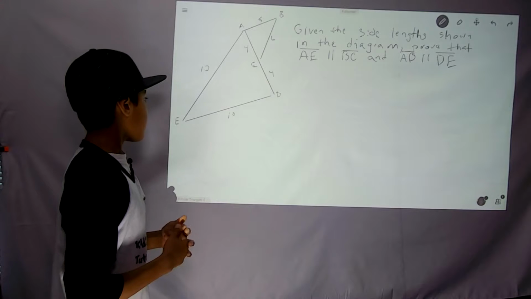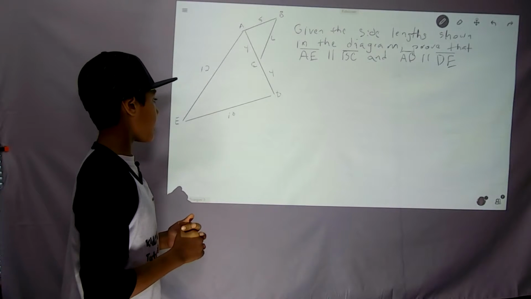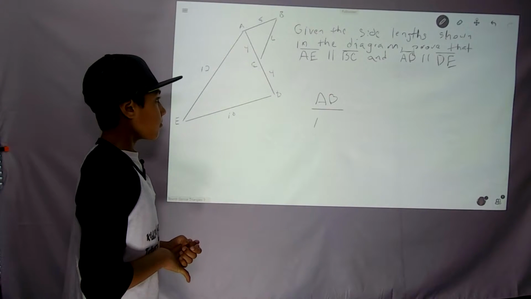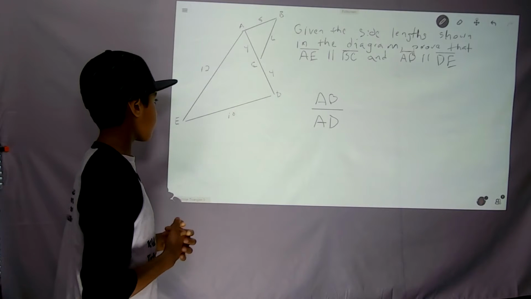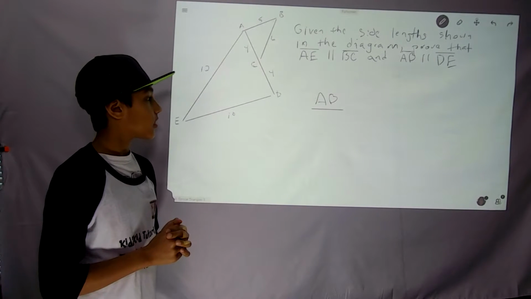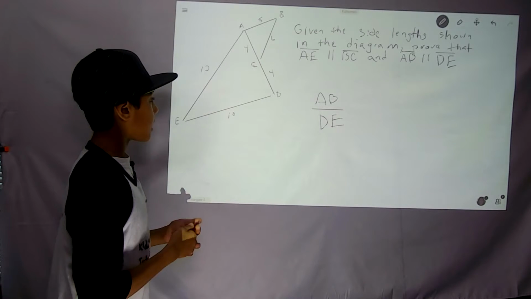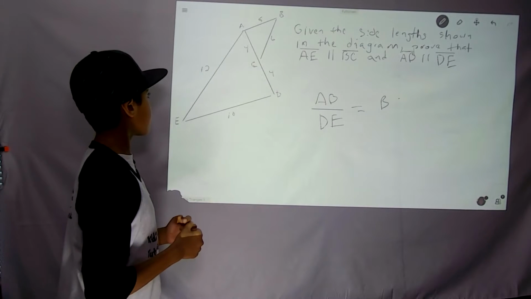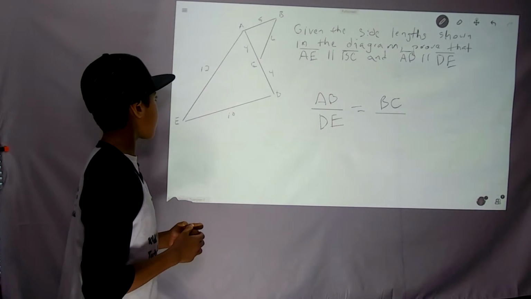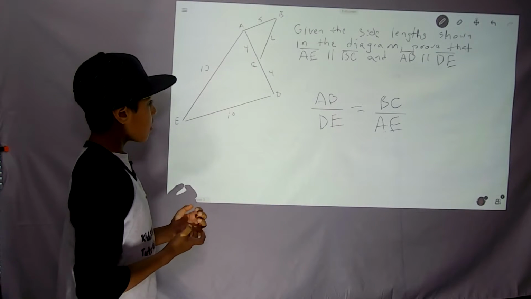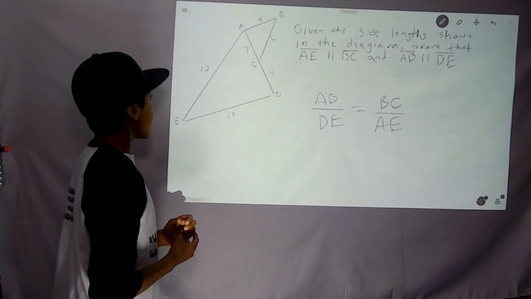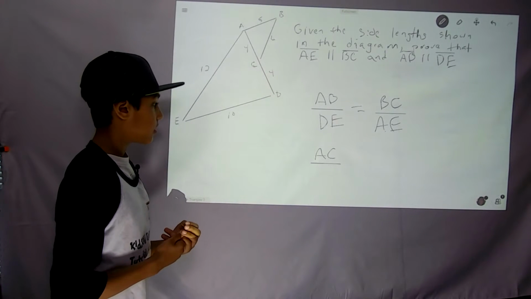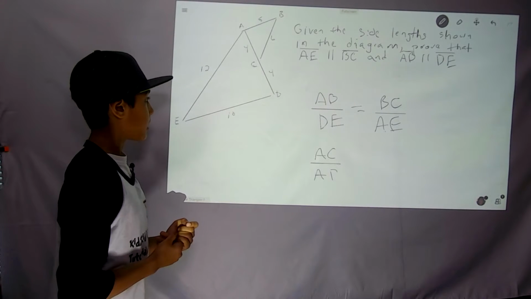So we have AB divided by DE, and that is equal to line BC divided by line AE. Also, we have line AC divided by line AD.